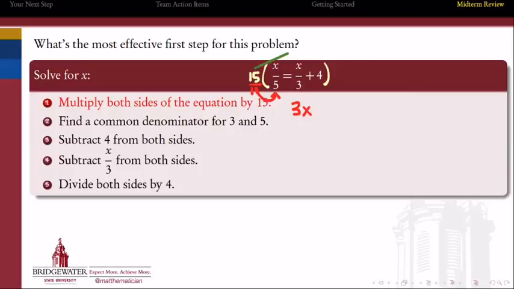But then that same 15 also has to multiply the two terms on the right-hand side. 15 multiplied by x over 3 is going to give me 5x. And then, and this is a step easily missed, 15 also multiplies the 4. 15 times 4 gives me 60.